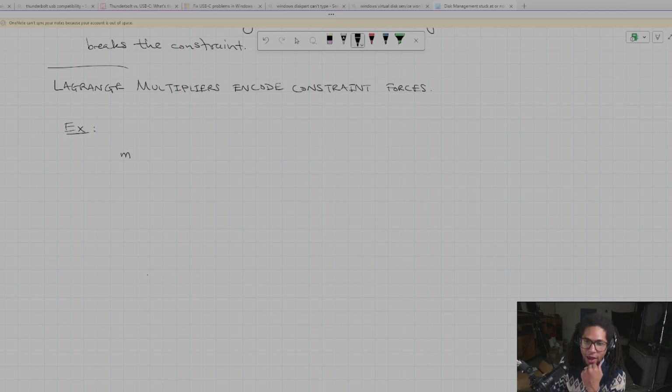Remember our equations: m times x double dot is equal to 2 lambda x, and m y double dot is equal to 2 lambda y minus mg. What's going on here is that mg is the unconstrained, or conservative, force. But in order to keep the pendulum from just falling with constant acceleration downward, there must be a force keeping it up. And that force, in fact, is the force of tension.